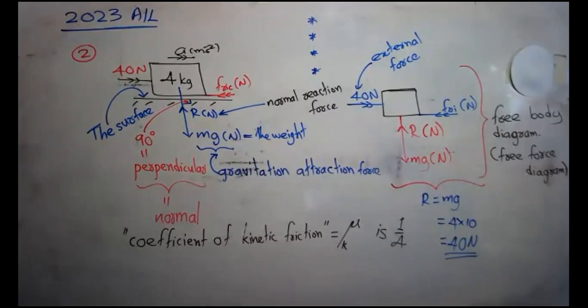So, next star point. The friction force acting on a moving object is known as, use a different color pen and write, kinetic friction. The friction force acting on a moving object is known as kinetic friction.